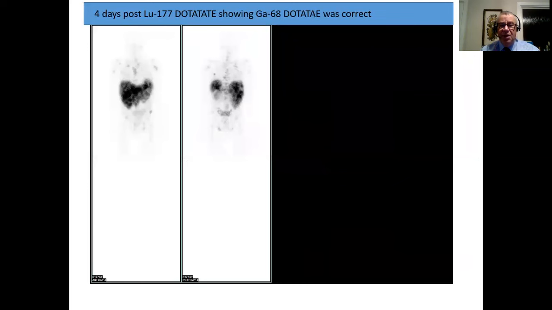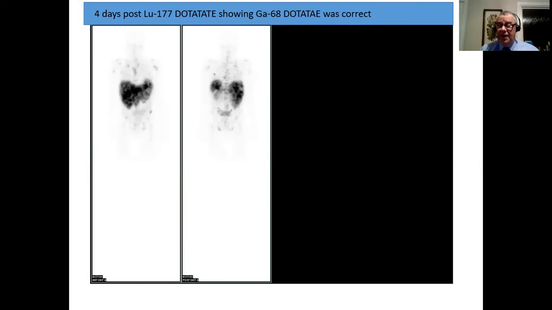And this is the same patient having had their PRRT, and you can see very good uptake in the sites of tumor. Unfortunately, there was a bit of a delay, so they got more bone mets whilst we were waiting for approval for treatment from the insurance company. But it did show that there was good uptake within the tumor itself.